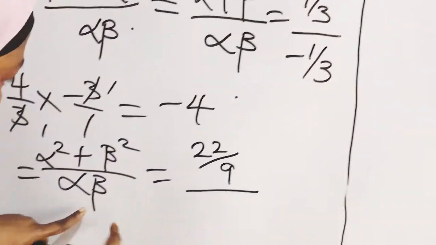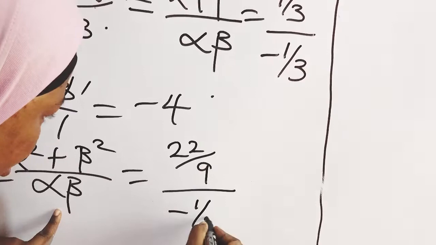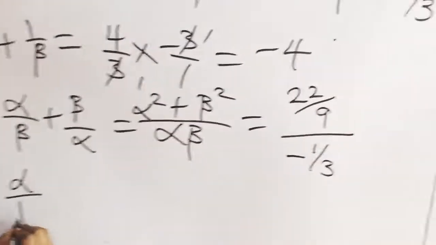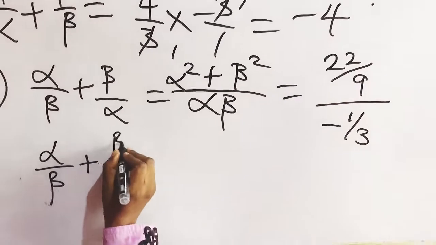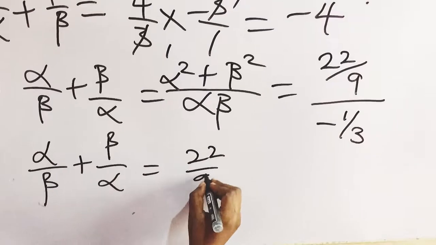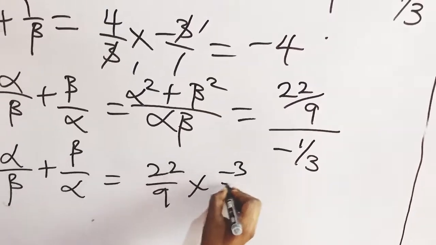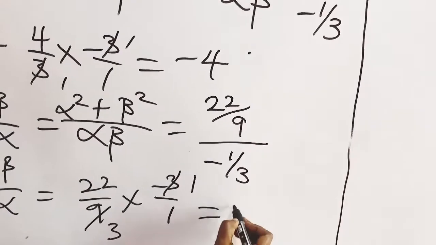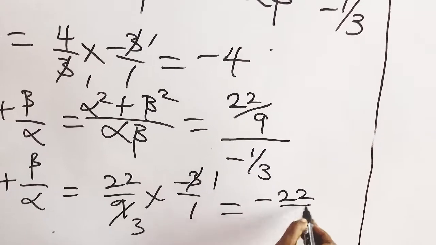And alpha beta, we got minus 1 over 3 for that one. So we can now say alpha over beta plus beta over alpha is equal to 22 over 9 multiplied by minus 3 over 1. So 3 here, 1, 3 here, 3. So the answer is equal to minus 22 over 3.